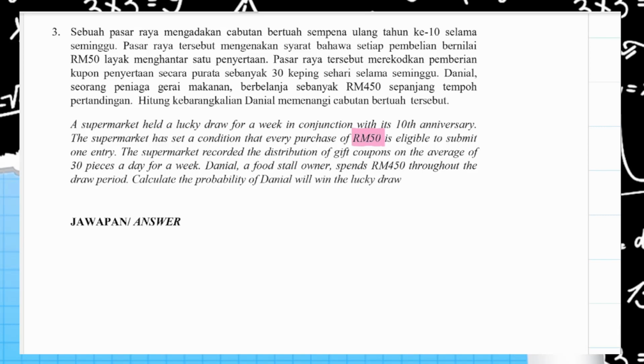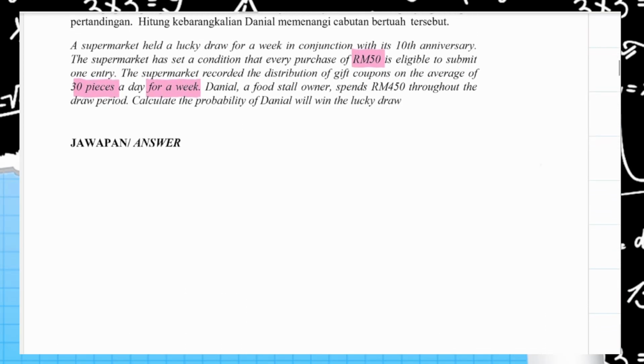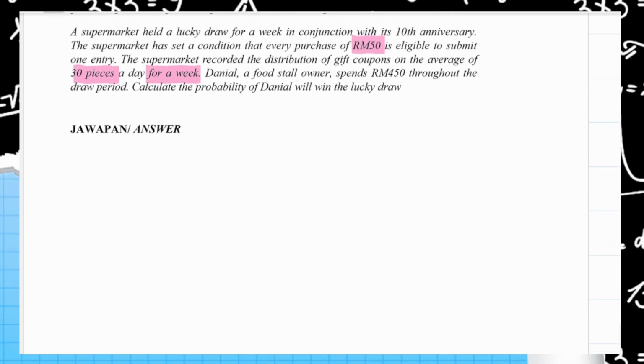The supermarket recorded the distribution of gift coupons at an average of 30 pieces a day for a week. Daniel, a food stall owner, spent RM450 throughout the draw period. Calculate the probability that Daniel will win the lucky draw.